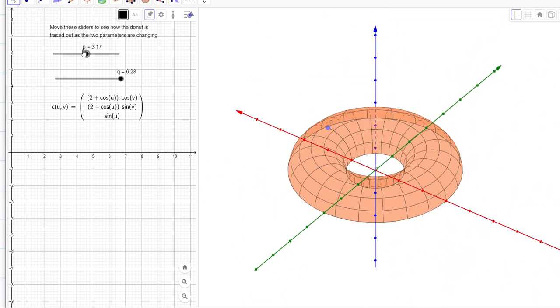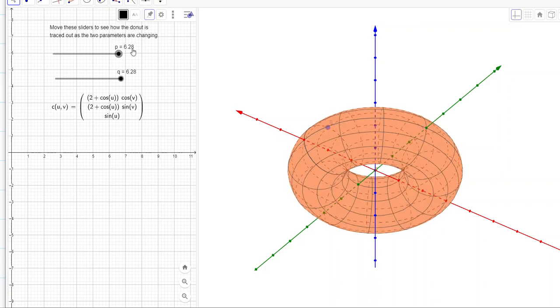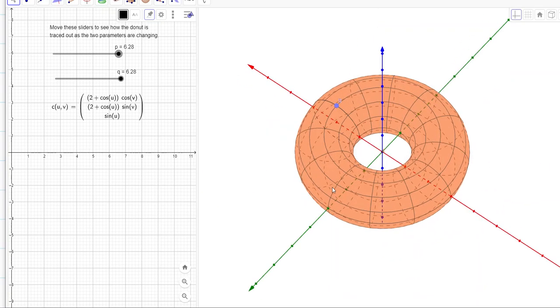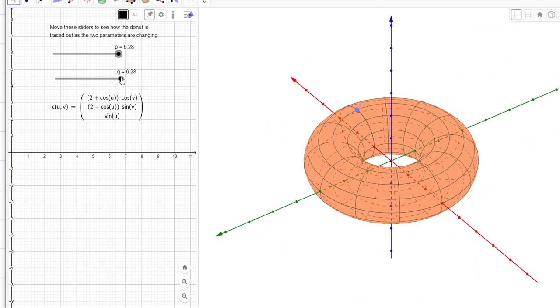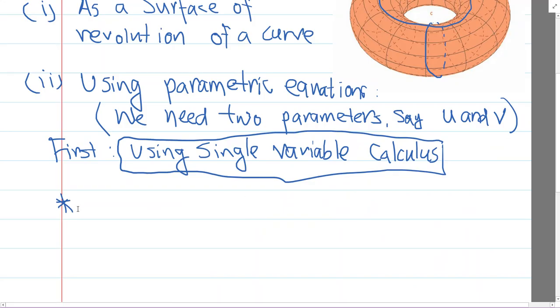If I increase the parameter further, we get a full torus. The value of the parameter goes from 0 to 2 pi. We can think of these two parameters as angles from 0 to 2 pi. Now back to calculus.